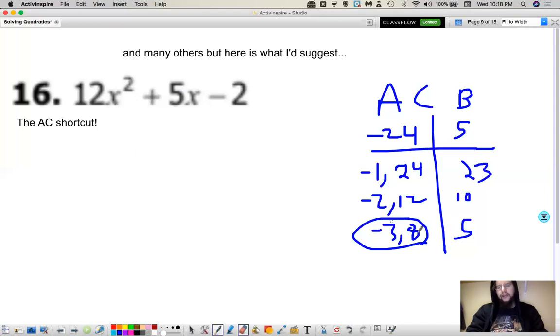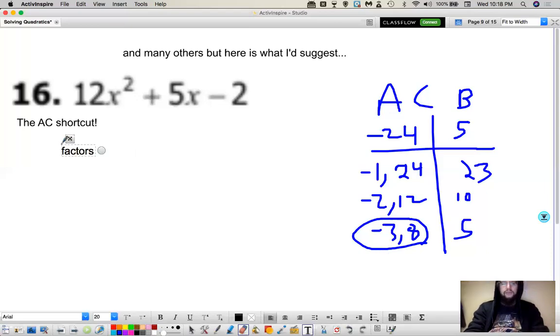So here's my factors, the negative 3 and the 8. Same negative 3 and 8 we've been dealing with. What you do is you put your factors over A, but you got to change the sign, so negative factors. I made a proof that this actually worked.